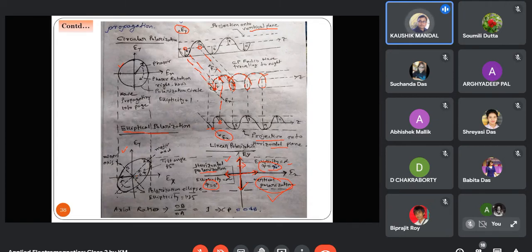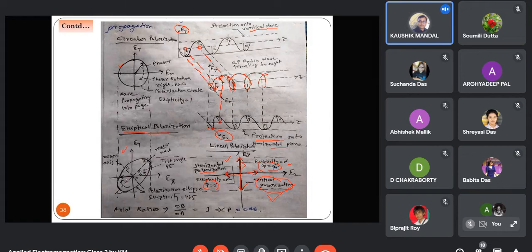Now come to the general case. It will basically describe an elliptical path, and in general the principal axes of the ellipse will not be along the x-axis and y-axis.